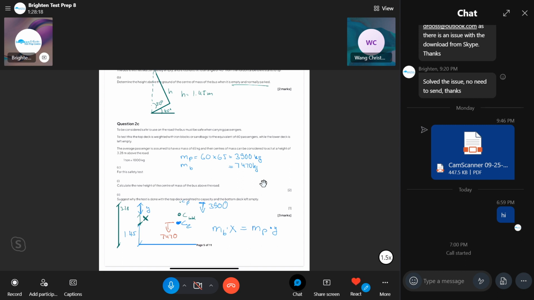So the trick is to see that. That's really not easy, you know. We talk about moment, so it must be mass times distance, and I have two known values: the height of the center of gravity for the passengers, and the height of the center of gravity for the empty bus.